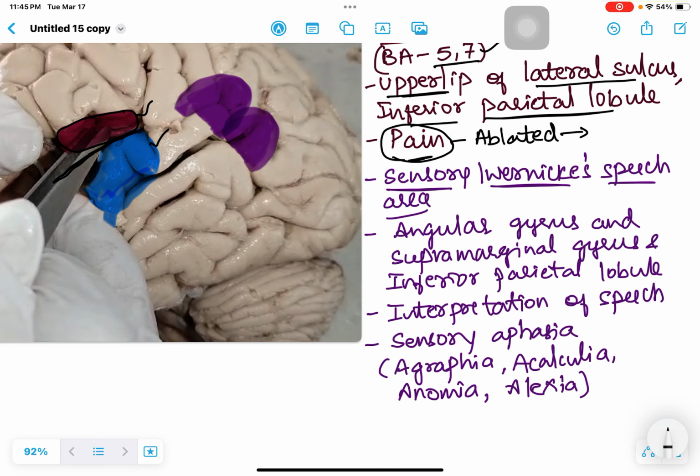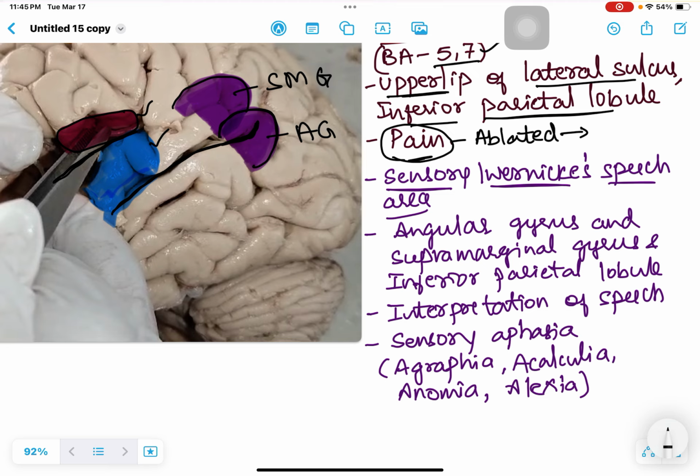This is present in the angular gyrus and supramarginal gyrus. This is the angular gyrus, this is the supramarginal gyrus. The superior temporal sulcus curves round into the inferior parietal lobule.